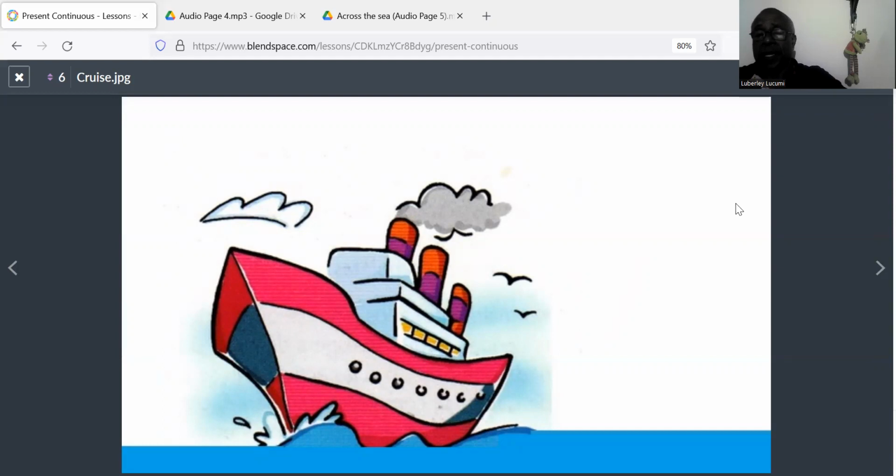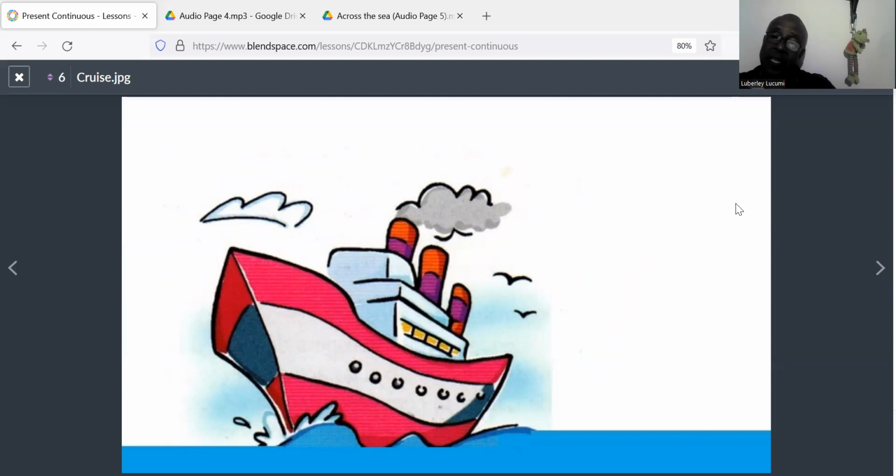Okay, now my suggestion is time to say some actions that you can do on a boat, on this kind of boat. Tell me. Okay. Running, yeah, because it's pretty long.